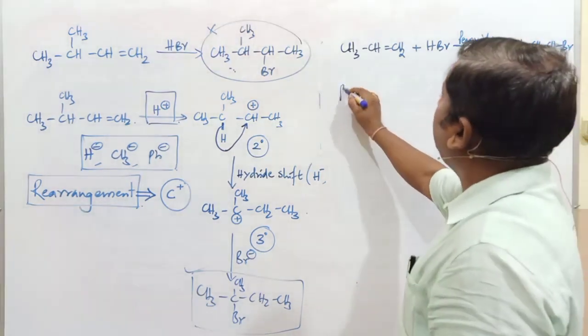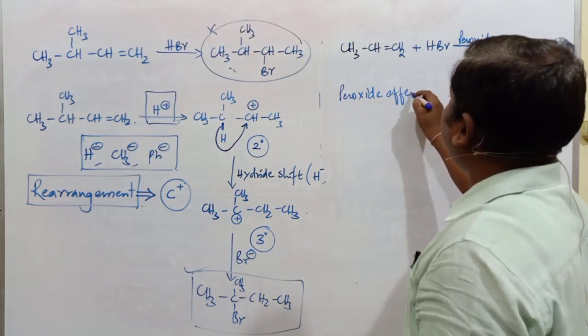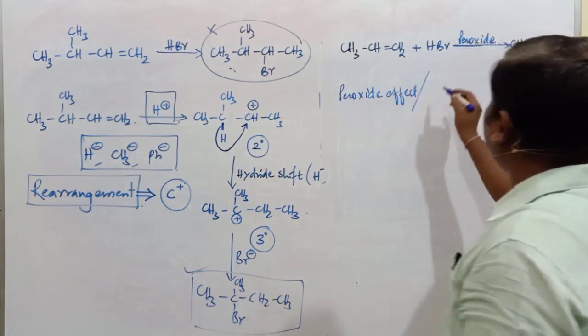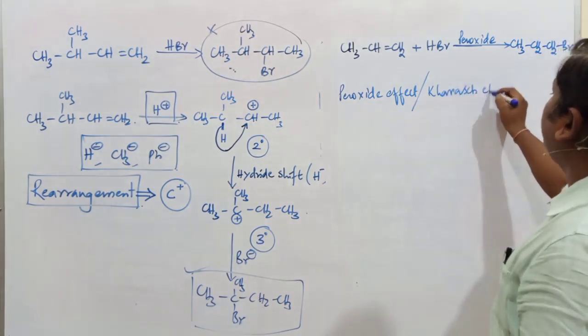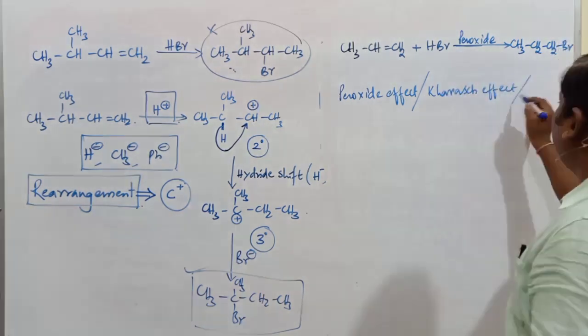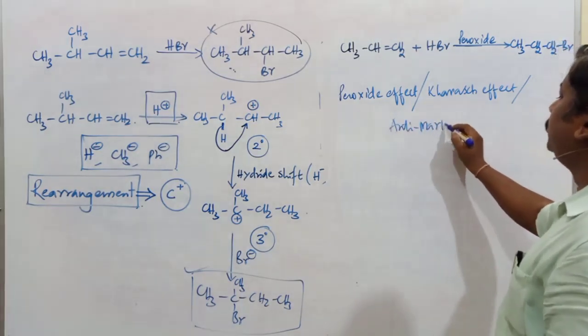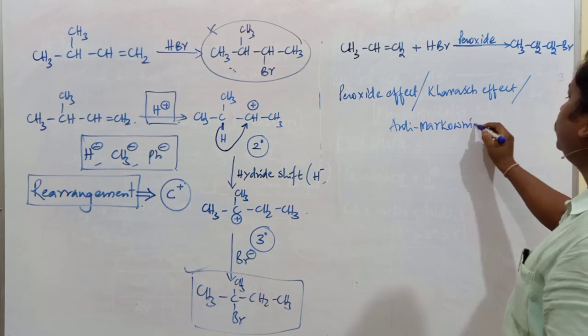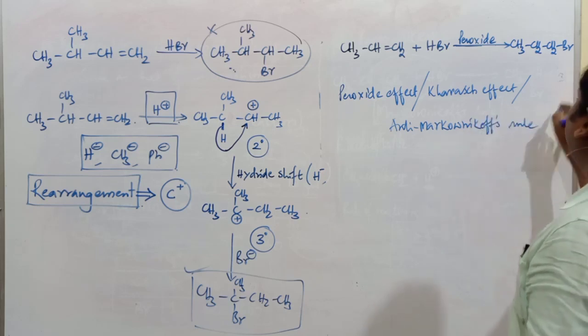This is commonly known as the peroxide effect, or the Kharasch effect. It is also known as anti-Markovnikov's rule. It goes against Markovnikov's rule.